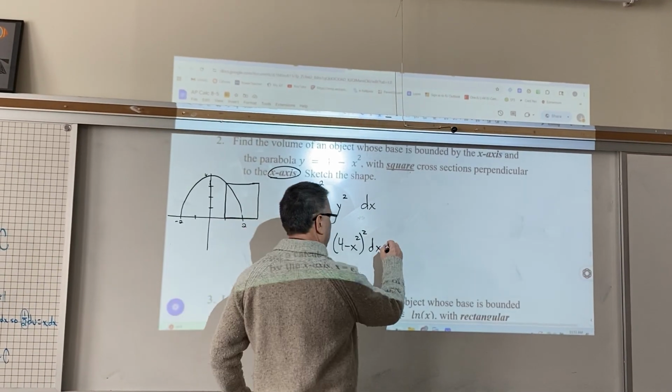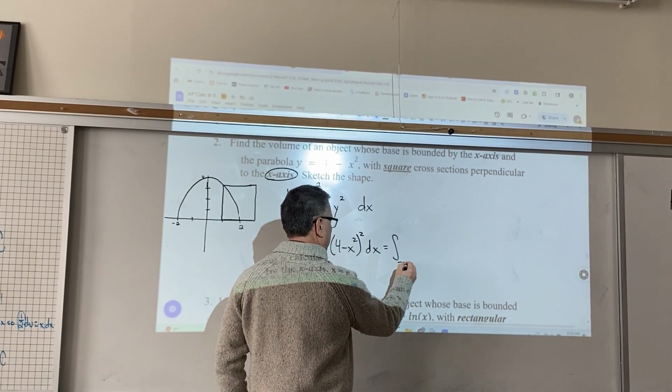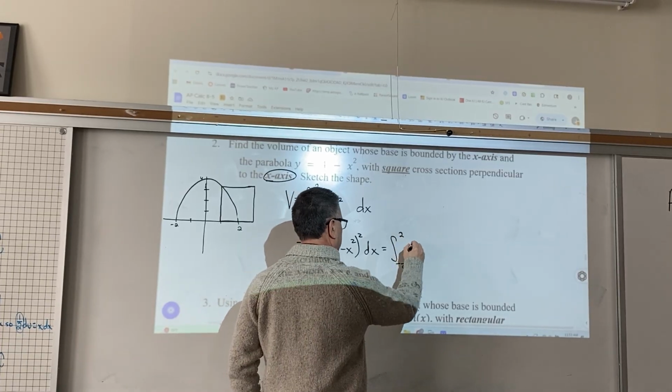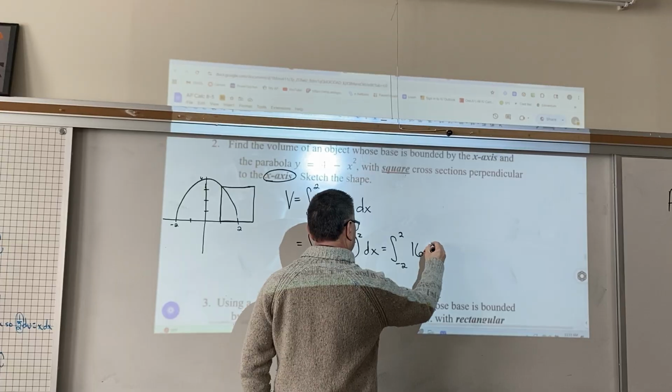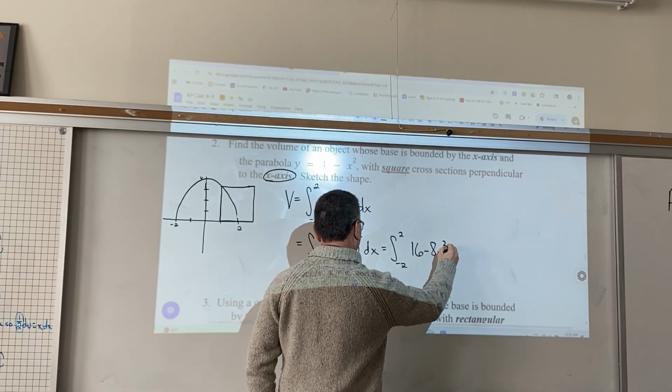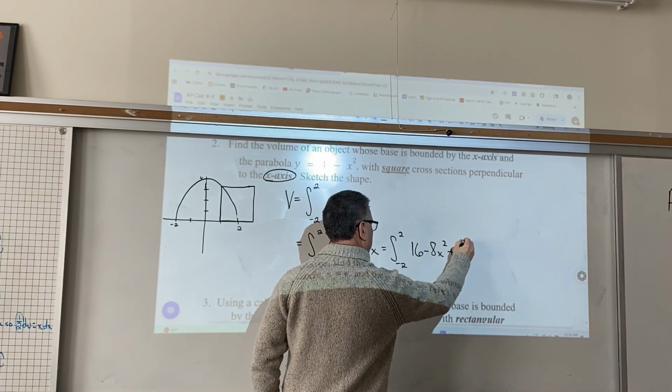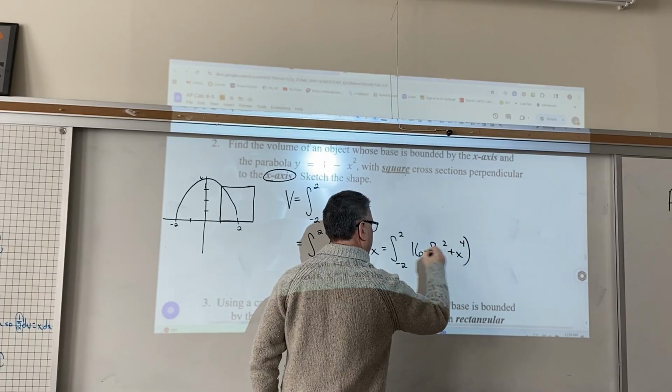Well, that's just going to be, if we're going to do it by hand, integral from -2 to 2 of 16 minus 8x squared plus x to the 4 dx.